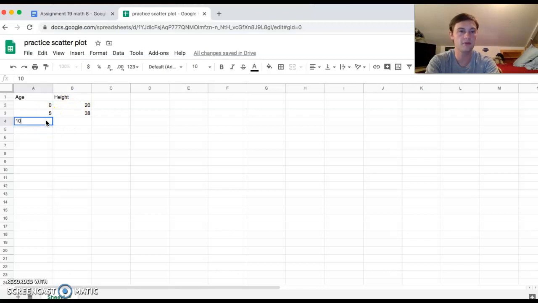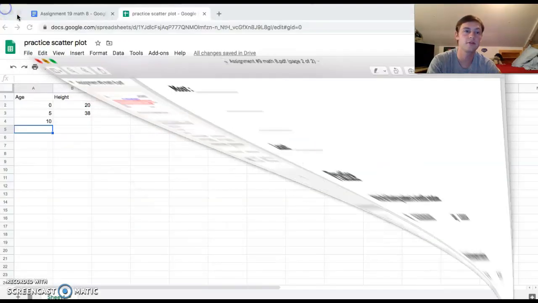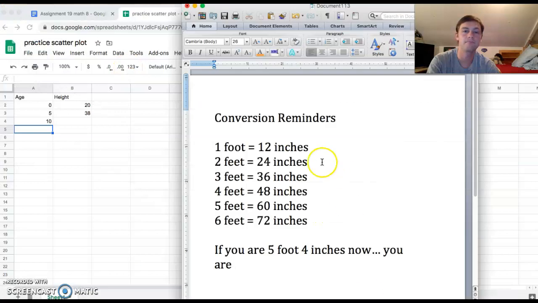All right, think back to when you were 10. I'm going to think back to when I was 10. I was probably maybe 4 foot 9, 4 feet 9 inches. So if I go back to my conversion chart, 4 feet I see is 48 inches. To figure out how many inches that would be in total, it's 4 times 12 because there's 12 inches in a foot, and that equals 48.